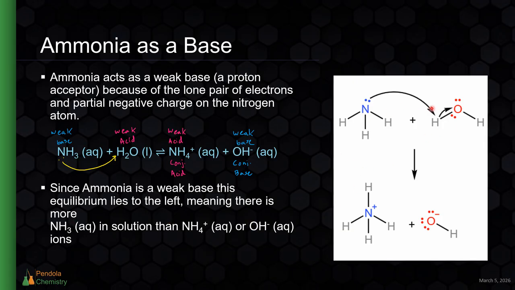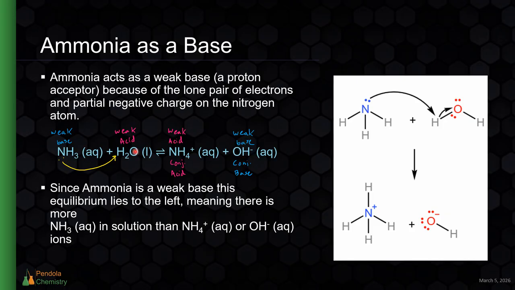The ammonia is going to pick up the hydrogen, making it a base, and the water donates the hydrogen, making it an acid. Since ammonia is a weak base, the equilibrium lies very far to the left, meaning that this equilibrium actually has a lot more ammonia in the mixture than it does ammonium or hydroxide ions.